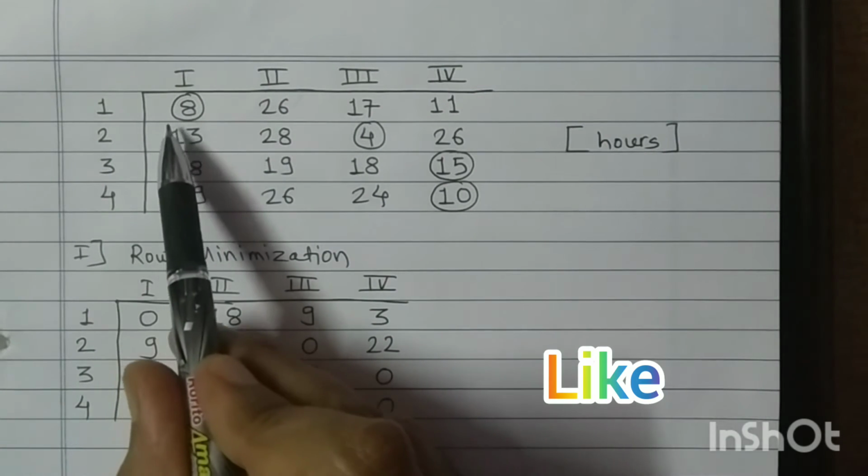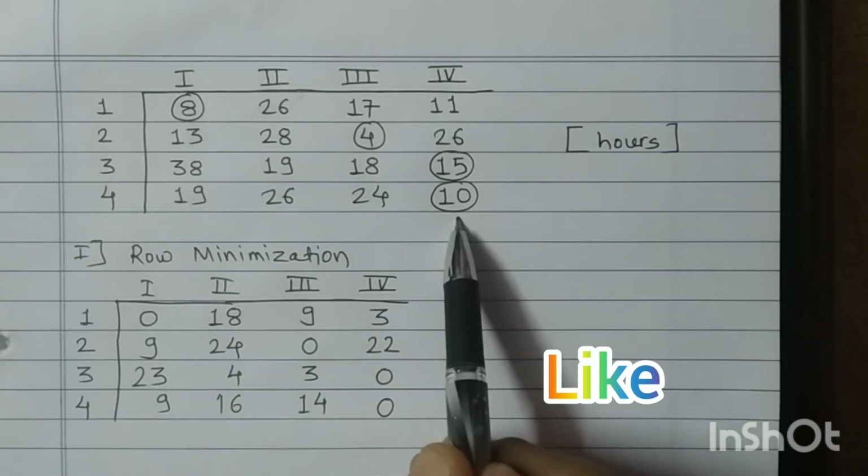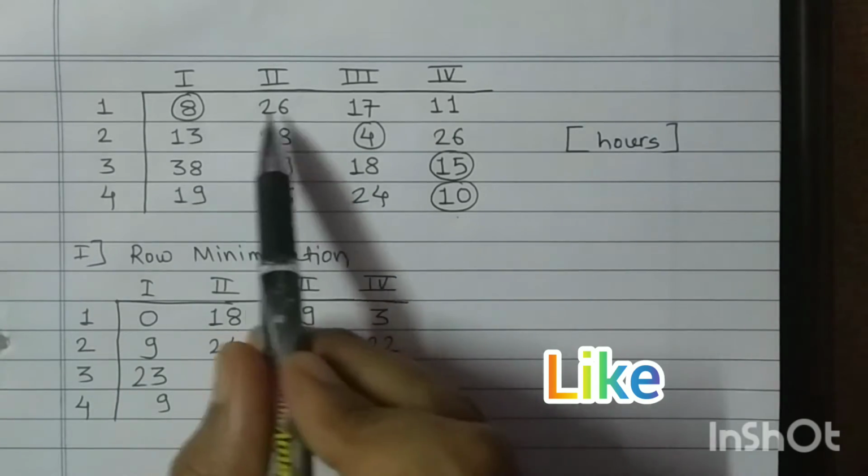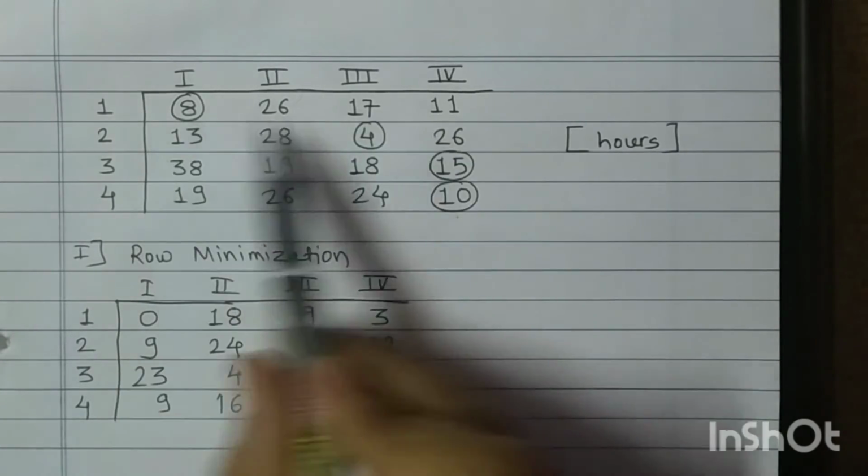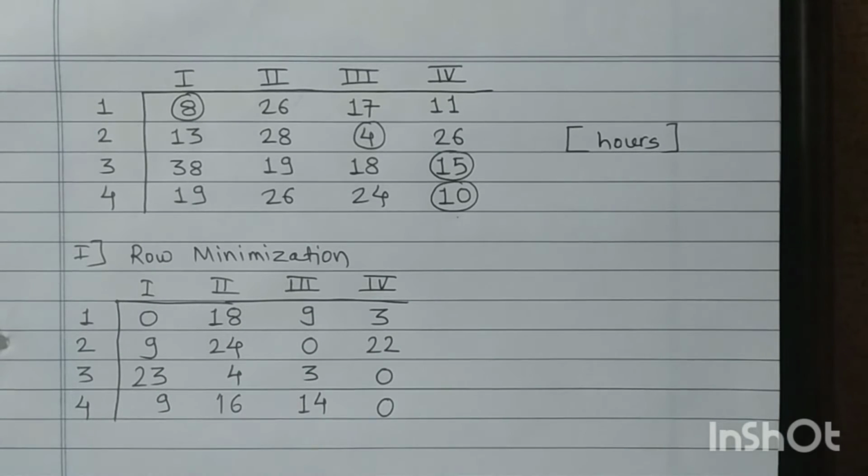So I have identified the minimum value from each and every row and I have subtracted that value from each and every member in the same row, and after row minimization the matrix will look like this. Then this step will be followed by column minimization.